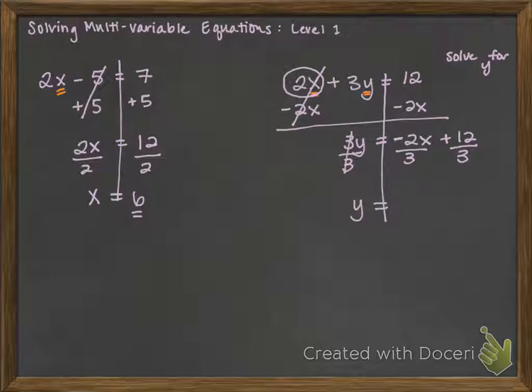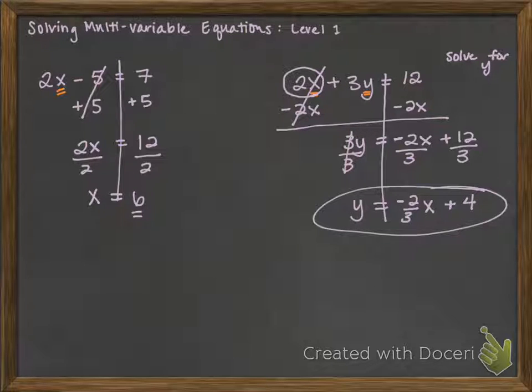And on the right side, I am left with negative 2/3 x, because I can't actually fully divide 2 by 3, plus 4 divided by 3 is going to give me 4. So now I have successfully rewritten my equation where the y variable is all by itself. So this is how we're going to want to solve multivariable equations.